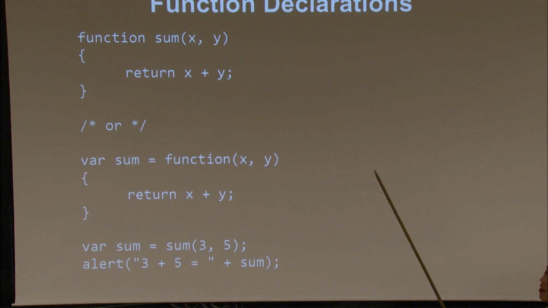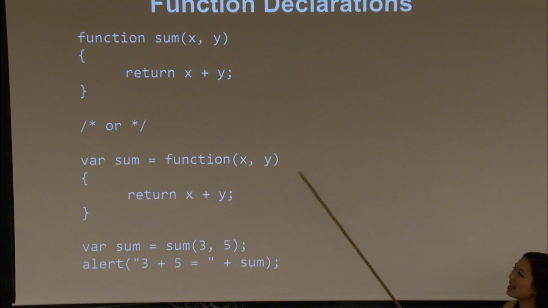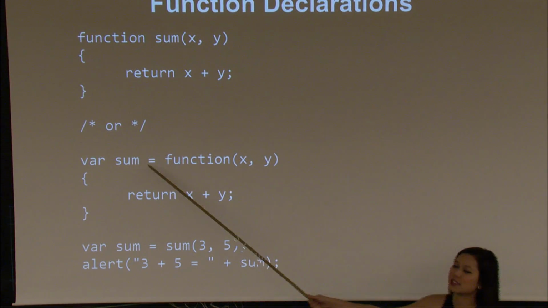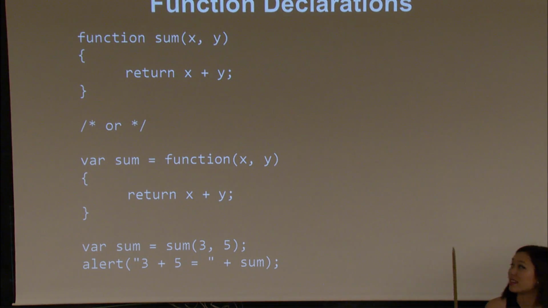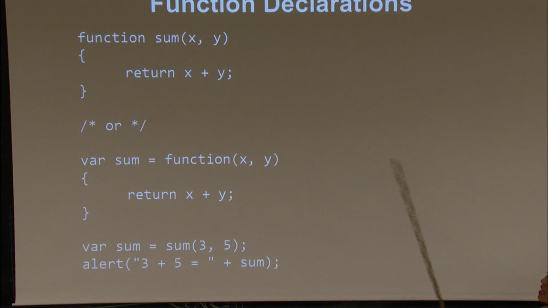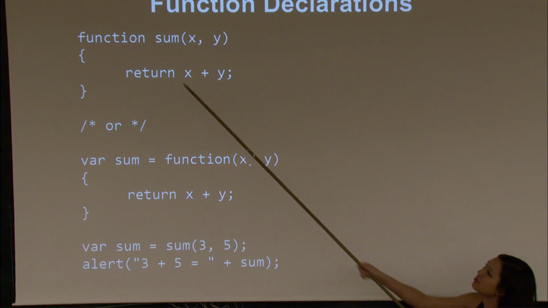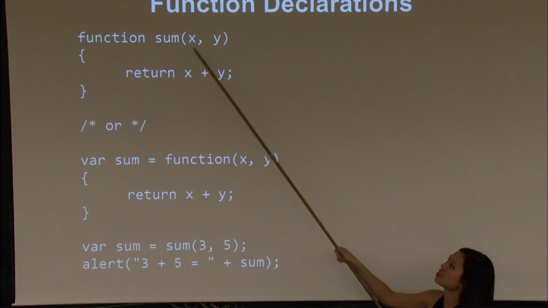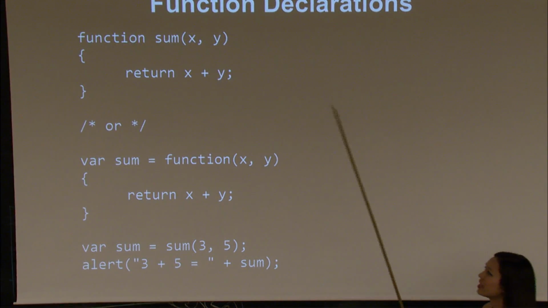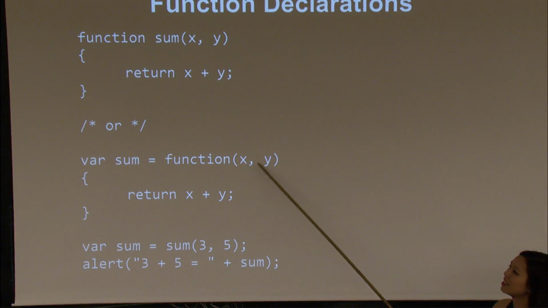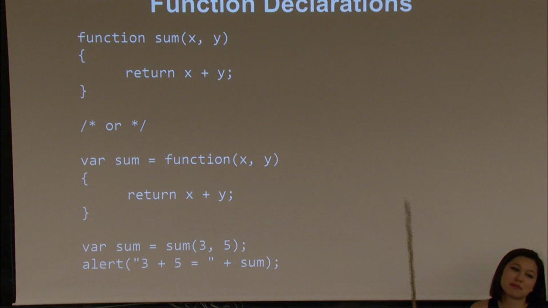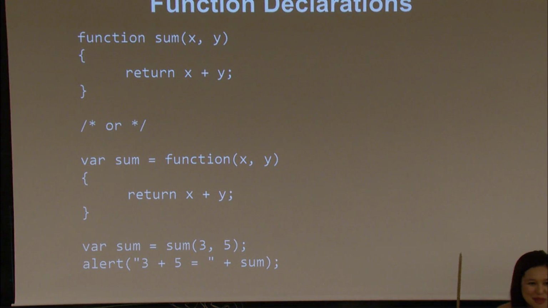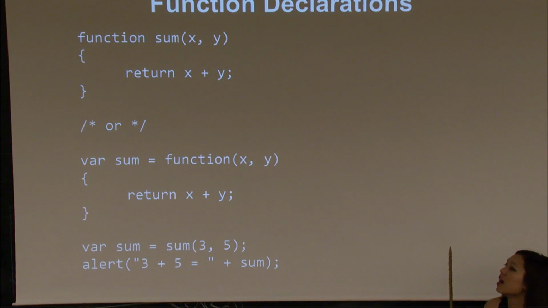And then what's also cool is that you can actually assign a function to a variable. So in this case, sum is now the function that actually does the sum. If you notice here, we have function, name of function, inputs, right? Here, we just have function and inputs. So this is called an anonymous function, and this is something that should be new to most of you, if not all of you.